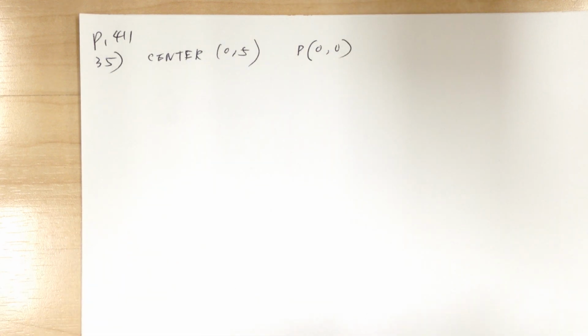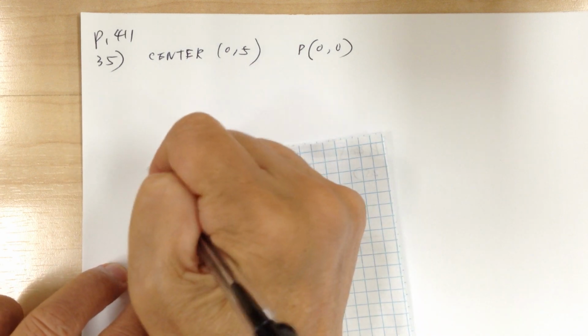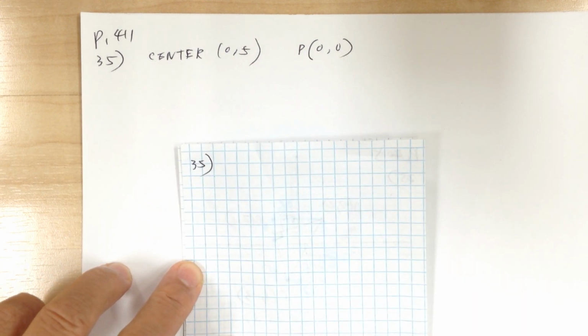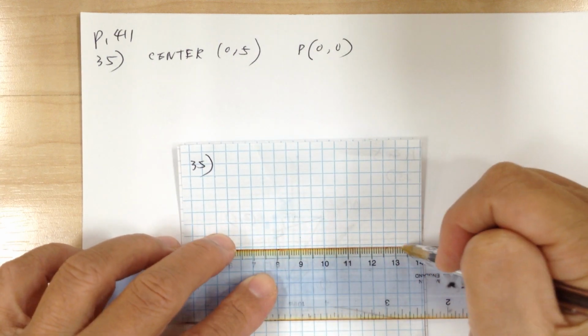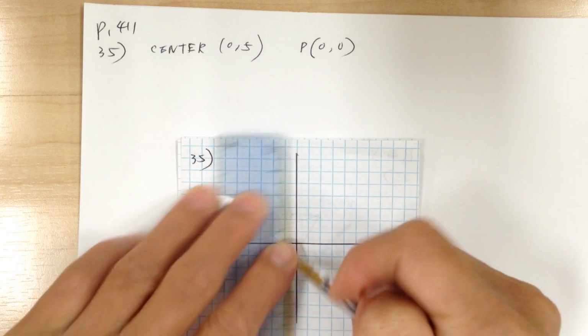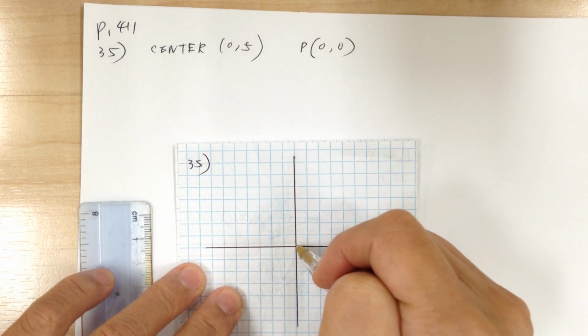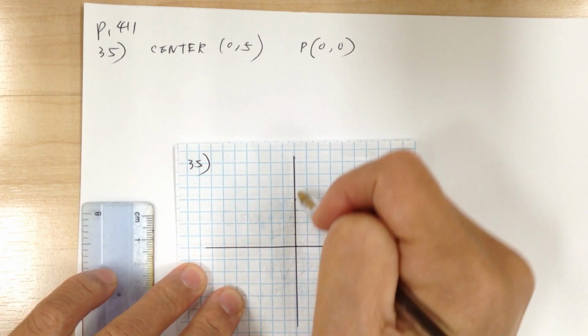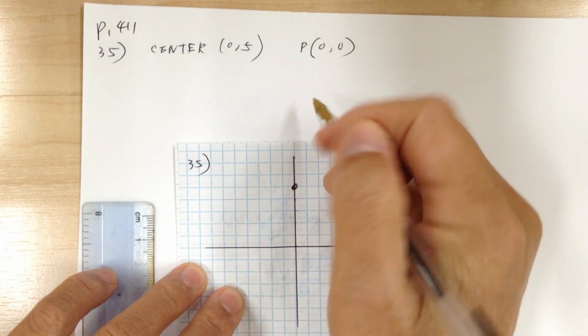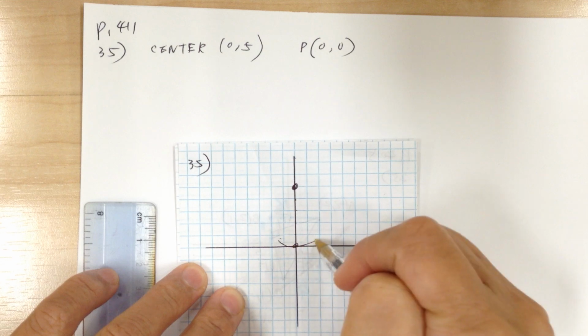If you were to sketch it out, center is 0, 5, so 0, 5: 1, 2, 3, 4, 5, right over here. That's your center, and the circle passes through 0, 0.